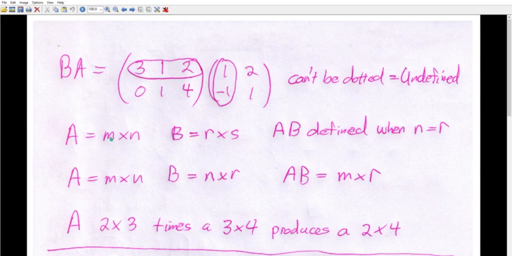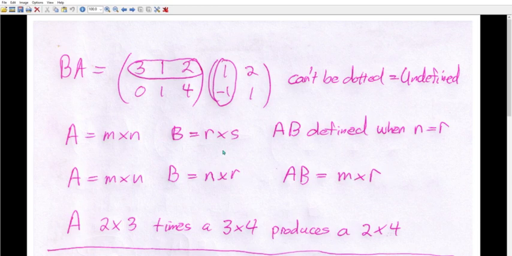So if you've got an M by N matrix and you're going to try and multiply it by an R by S matrix, A times B is only going to be defined when N, the number of columns of A, is the same as R, the number of rows in B. Okay, and if you have an M by N matrix and you multiply it by an N by R matrix, you're going to end up with an M by R matrix.